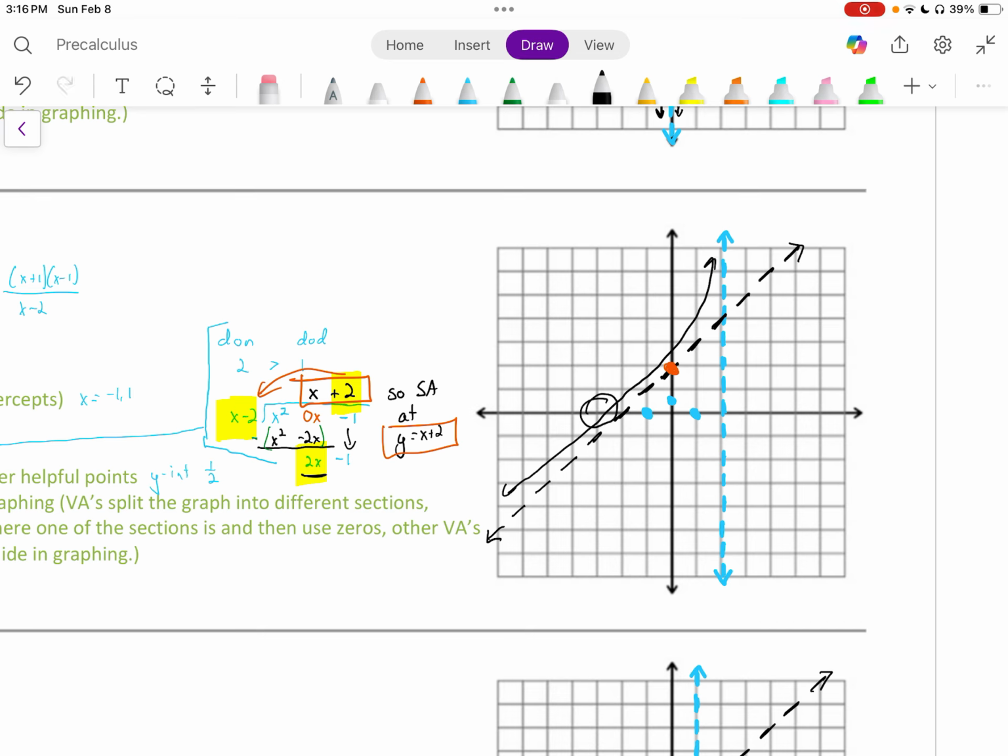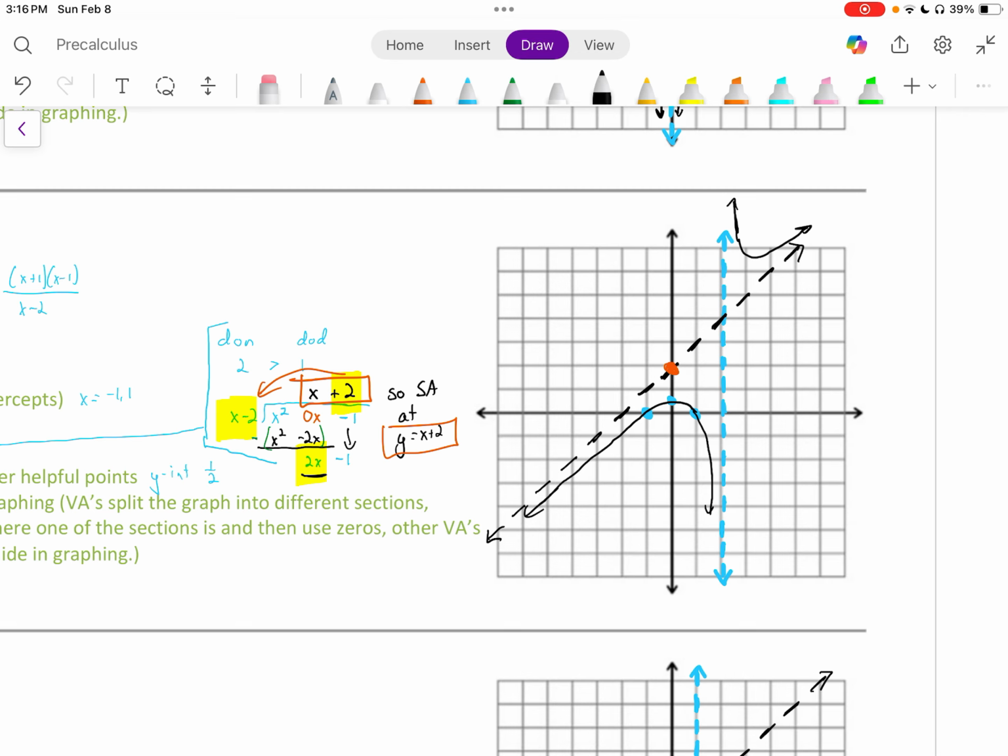There's no x-intercept there. So it can't be that one. And it definitely can be and is this branch down here because it goes through our x-intercepts and our y-intercept, and we have the asymptote there. And then there's not a lot of room here, but then our upper branch, our other branch would be here.